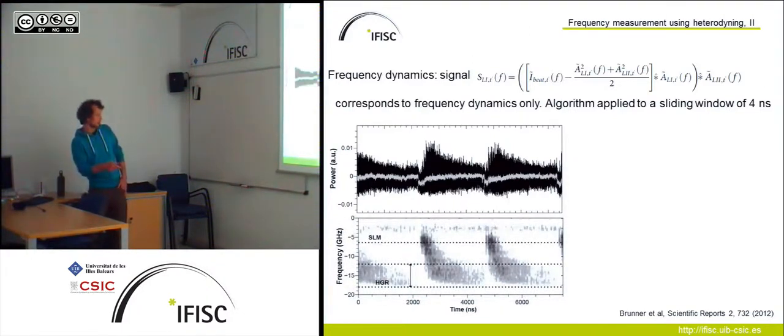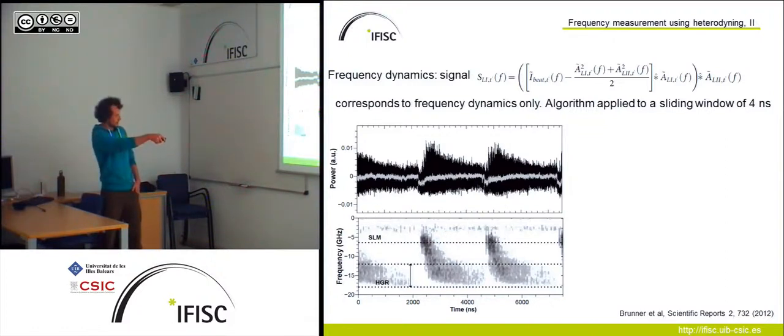Comparing this to this plot, we see how the laser goes along the mode ellipse and changes not its spectral properties but its spectral position. Here is one of these dropouts where the laser gets re-injected into the solitary laser mode. From there it starts a drift towards the highest gain region, where this drift is getting much slower.